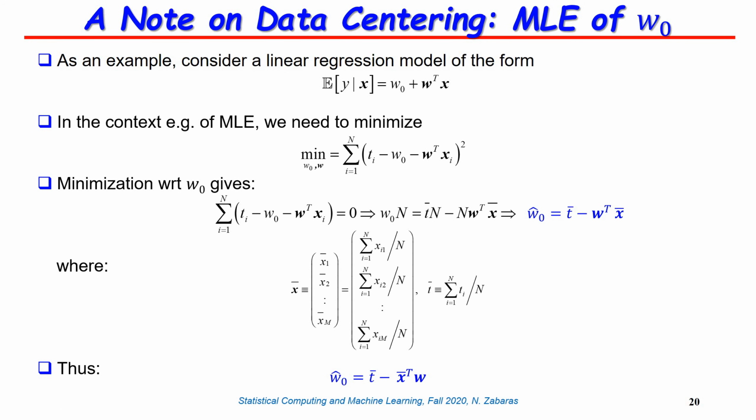And once you have W, you can come back to this equation and compute what the bias term is going to be about. So what you need to do, and you can actually do it mechanically once you understand the mechanisms of what I discussed here, is take your design matrix without the bias term, center the design matrix, solve a regular least squares problem using the design matrix, but also by centering your target values.